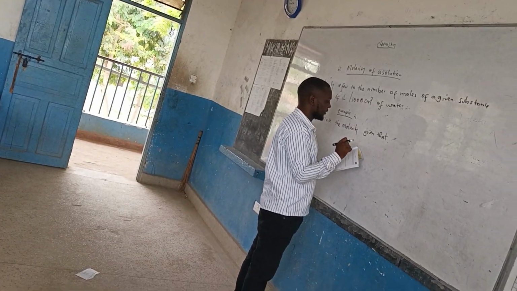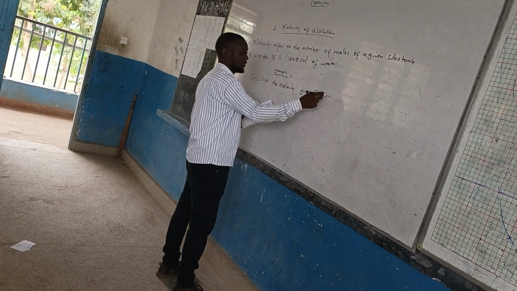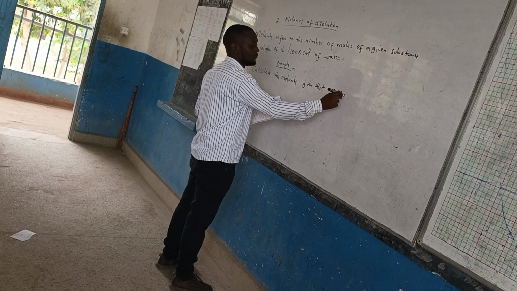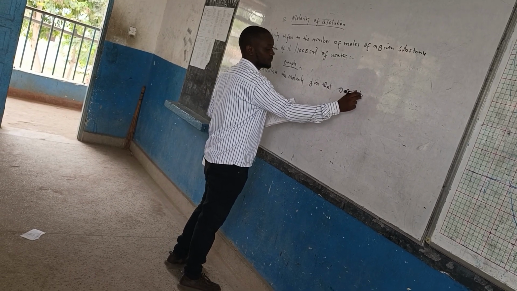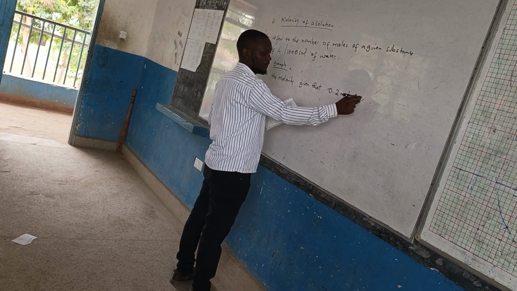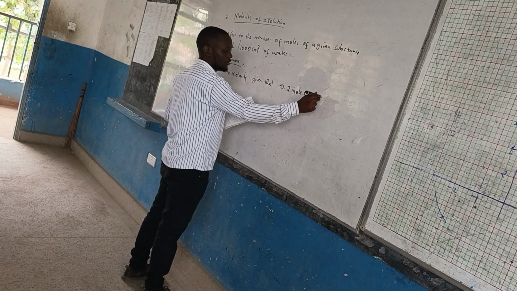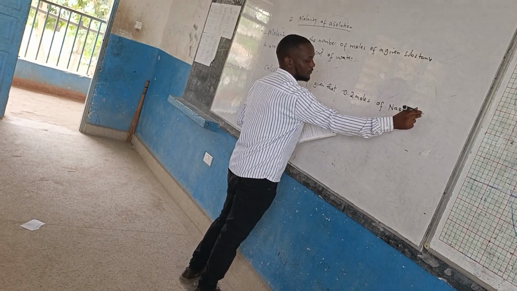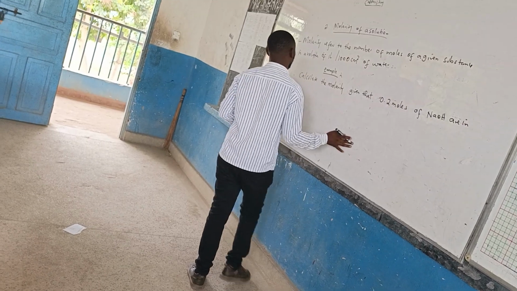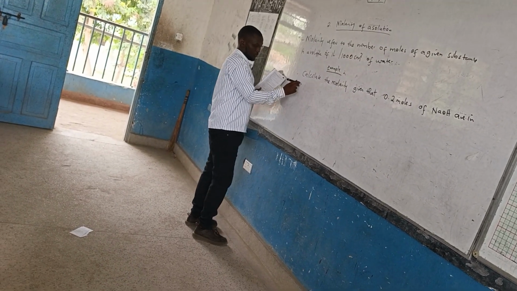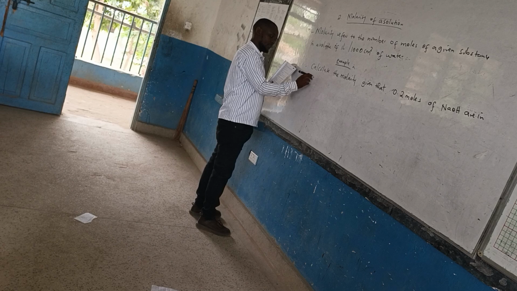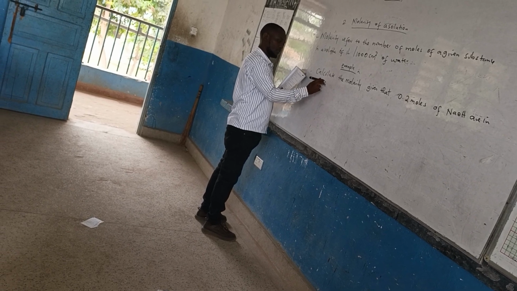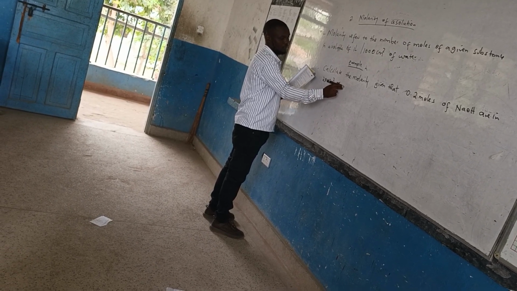Calculate the molarity given that 0.2 moles of sodium hydroxide are in 200 cubic centimeters of water.